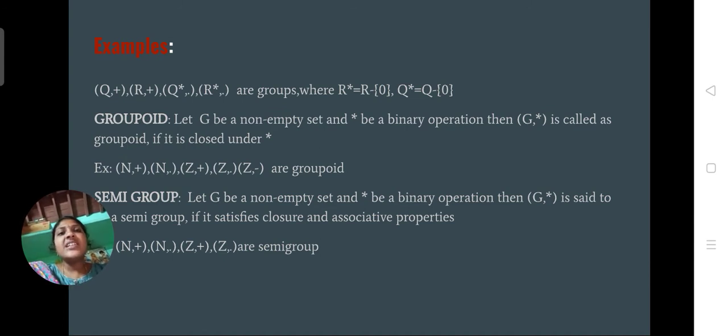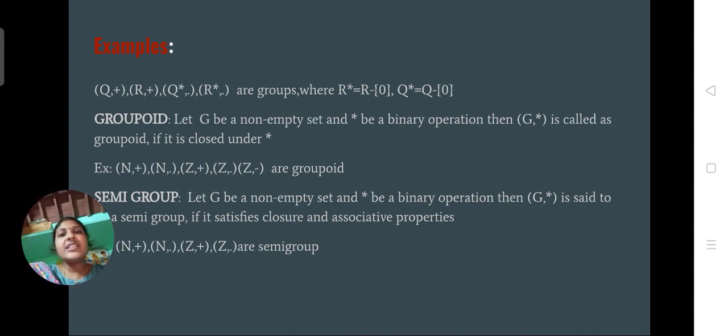So if any set satisfies the closure property, then that set is called a groupoid. Examples are N comma plus, N comma dot, Z comma plus, Z comma dot, Z comma minus, and so on. These are all groupoids.